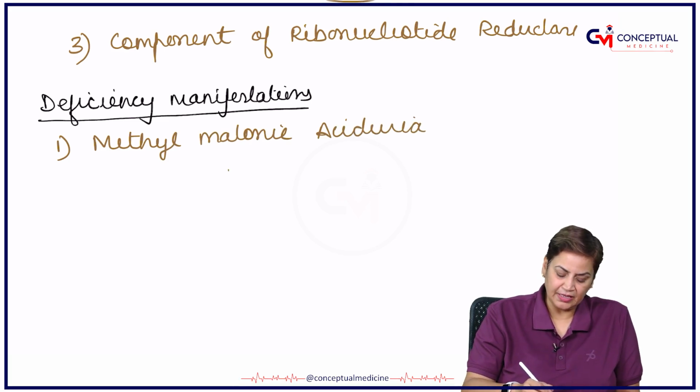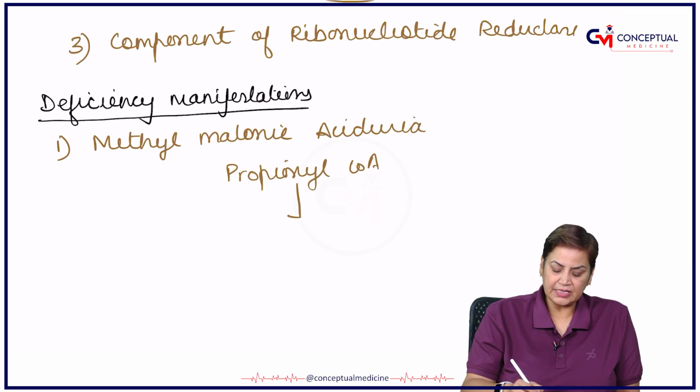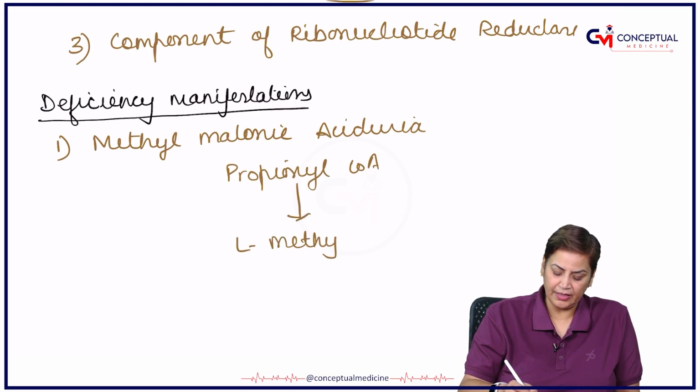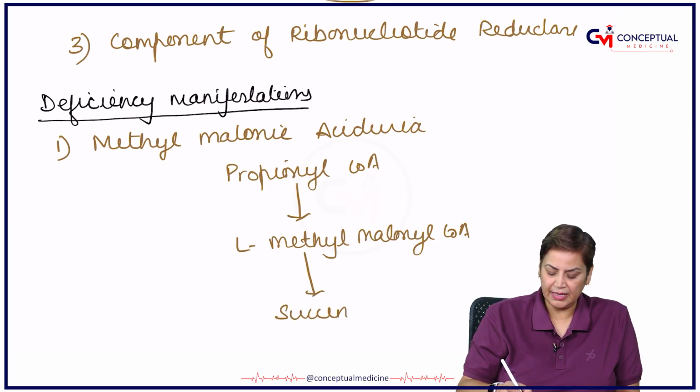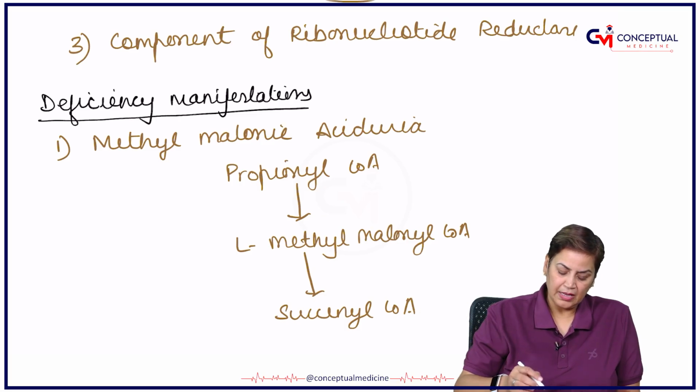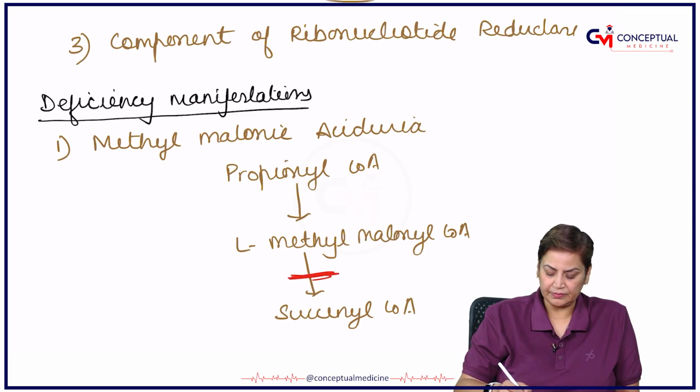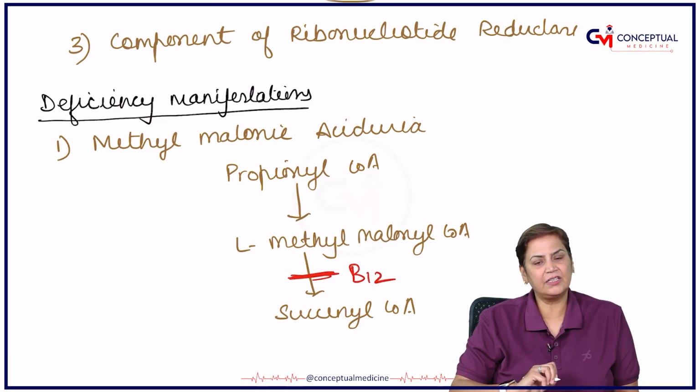because what is happening here is this propionyl coenzyme A, which is converted into L-methylmalonyl-CoA and which is finally converted to succinyl coenzyme A in the presence of B12, the reaction is not there.